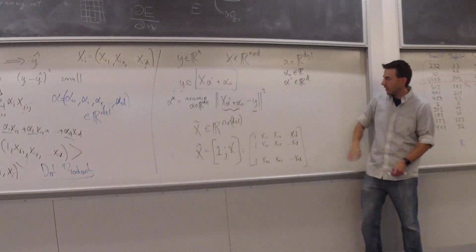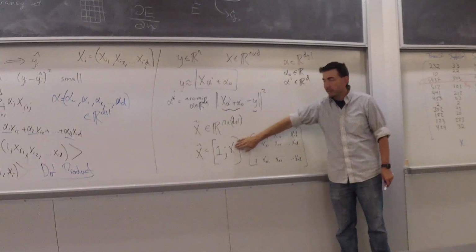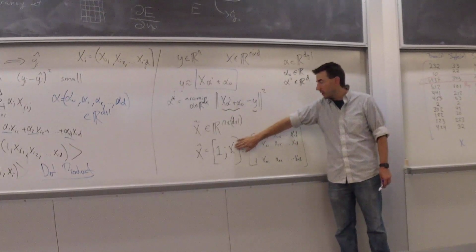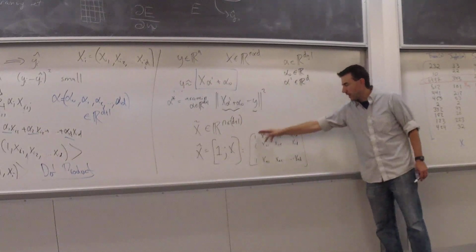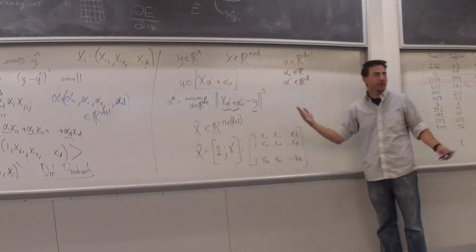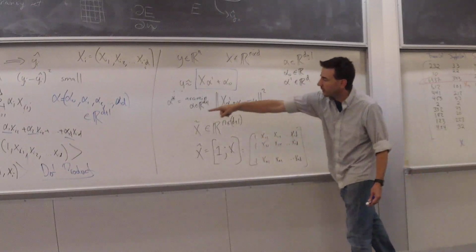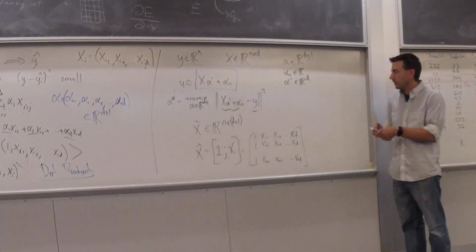So I'm going to take this original n by d matrix, and make it an n by d plus 1 matrix, x tilde, by just adding a column of all 1s in the front. The same thing we did over there with just a single vector.